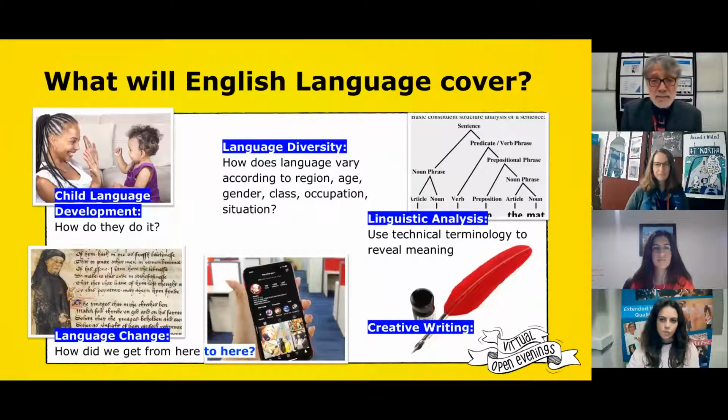Language and gender. Is it true that men and women speak in a different way? Do we have different conversational styles? Some people think yes. Some people think that women are naturally more cooperative than men, who are more competitive. So women, for example, when you're talking, will do lots of things like saying yeah to signal that they're listening and following what you're saying.